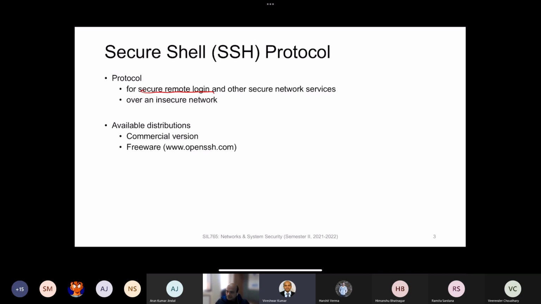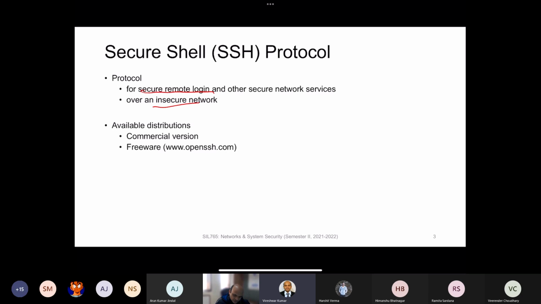But in most cases, if you are accessing, let's say, any server at IIT Delhi, if you are at home, you utilize SSH. So for instance, if I have to update my website by accessing the IITD server, I utilize SSH. So there could be many different usages of SSH, but remote login is the very popular one.